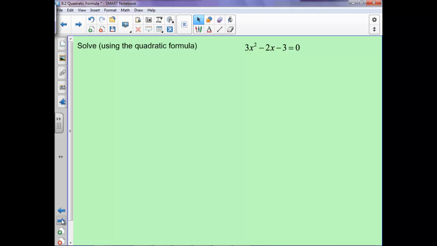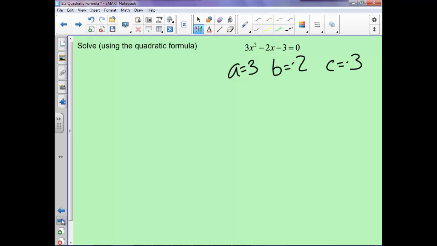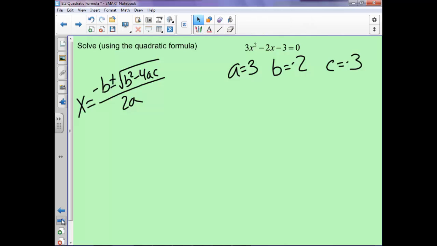Same thing here. Let's start by looking. Our a is 3, our b is negative 2, our c is negative 3. Our quadratic formula is negative b plus or minus square root of b squared minus 4ac all over 2a.